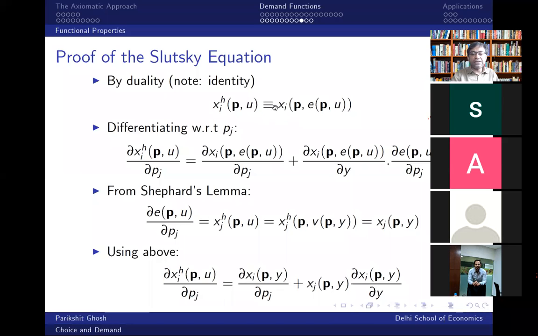This is an identity, true by definition. So if you differentiate the two sides with respect to price Pj, you end up getting the Slutsky equation, right?